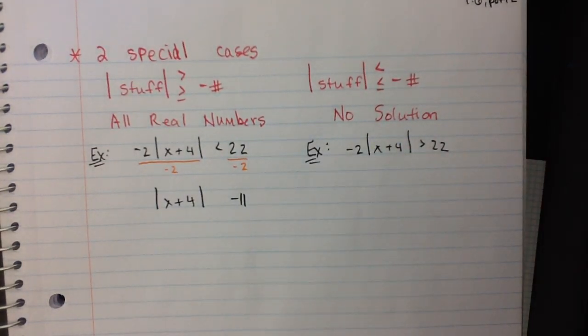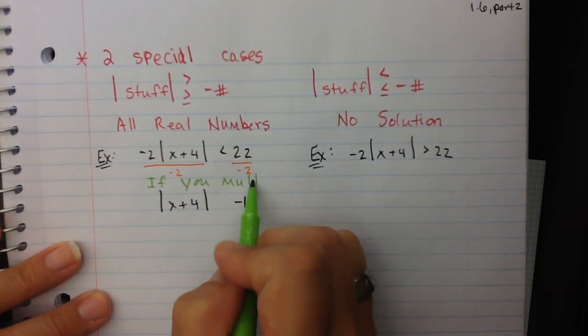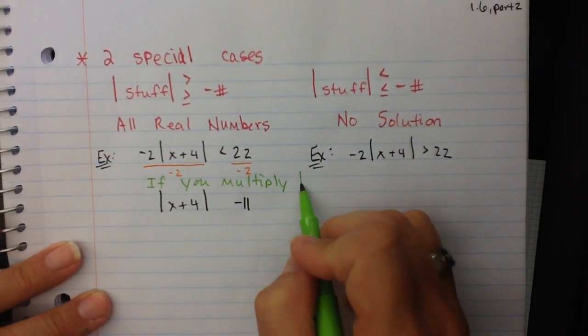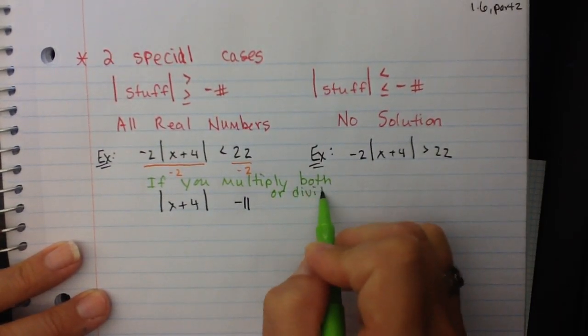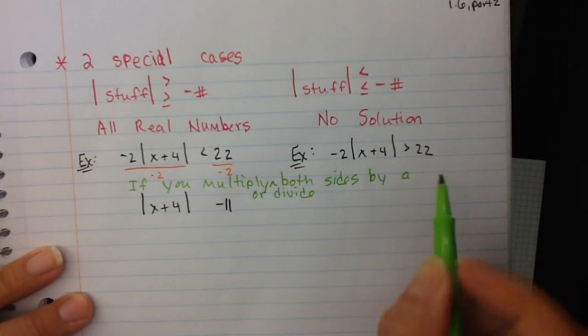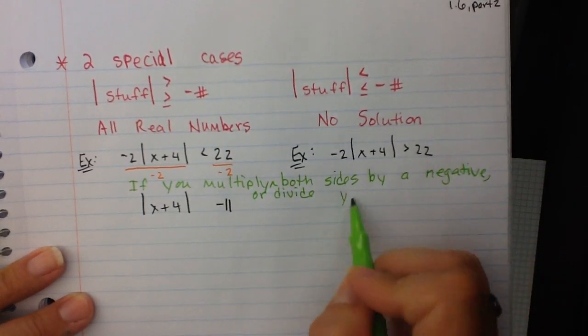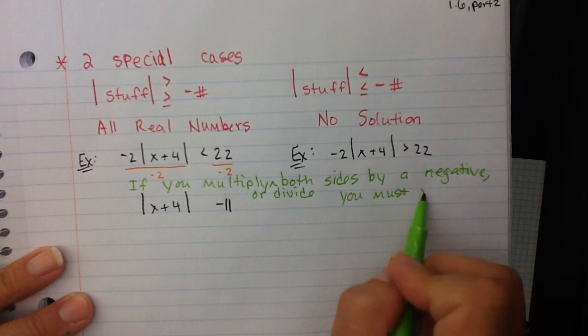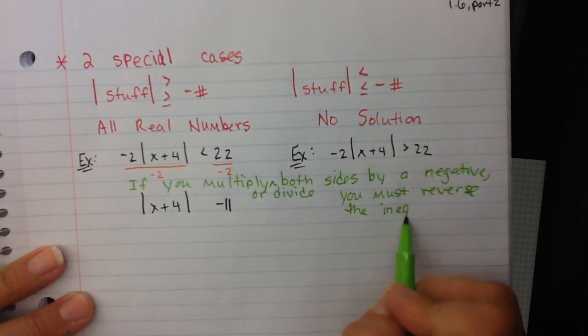But I'm also going to have to remember that when we're working with absolute value, if you multiply or divide both sides by a negative number, you must reverse the inequality.